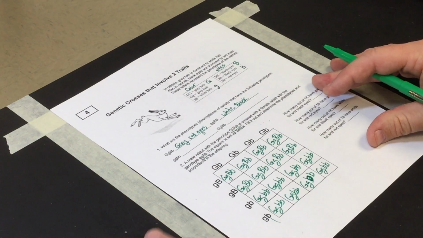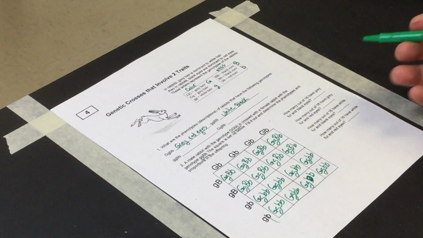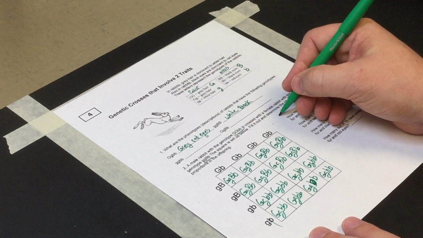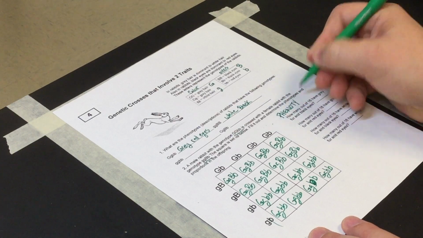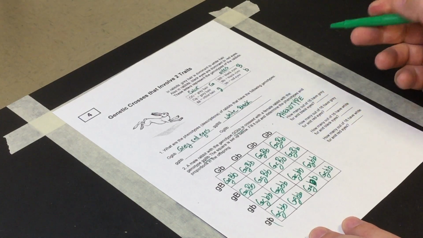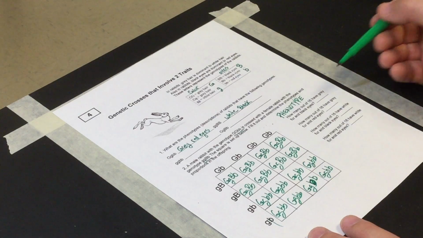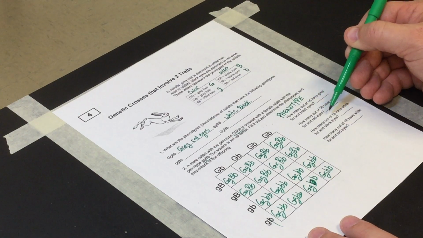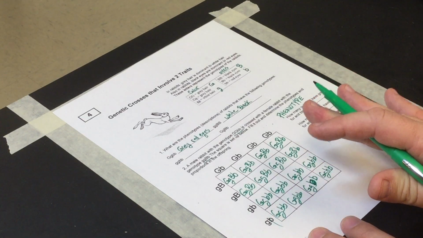Now, I will tell you with these larger problems, and you're looking at the offspring, I'm only going to ask what the phenotype would be. Because some of these problems, you are going to have a whole bunch of different genotypes, but we're most concerned with what the rabbit is going to look like. So when you're looking at the 4 different combinations, there's only 4 different ways that these babies could look.